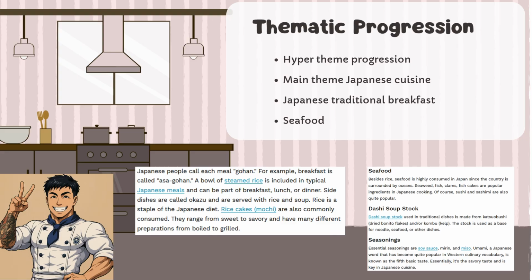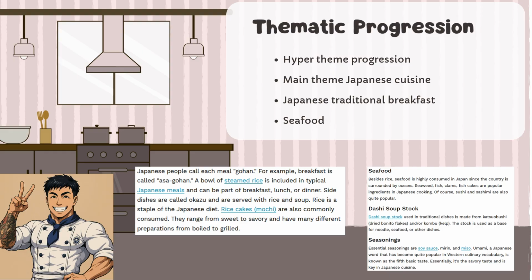Now moving on to the progression or the connection of the text itself, we found that this text specifically has a thematic progression. As you can see on the bottom right of the screen, it is divided by hyperthemes.